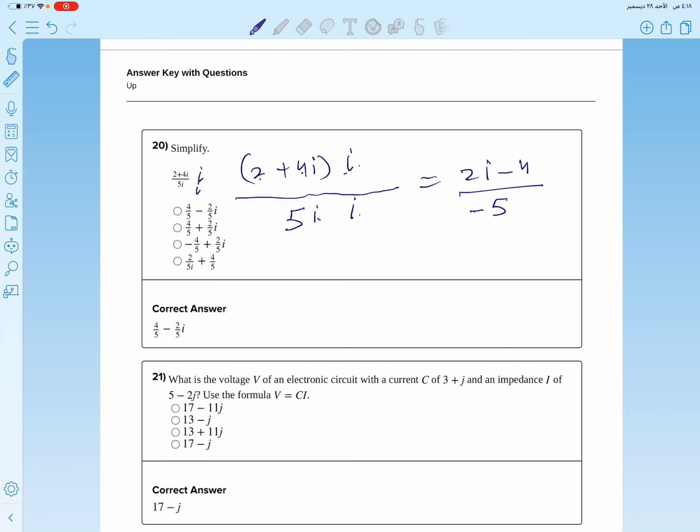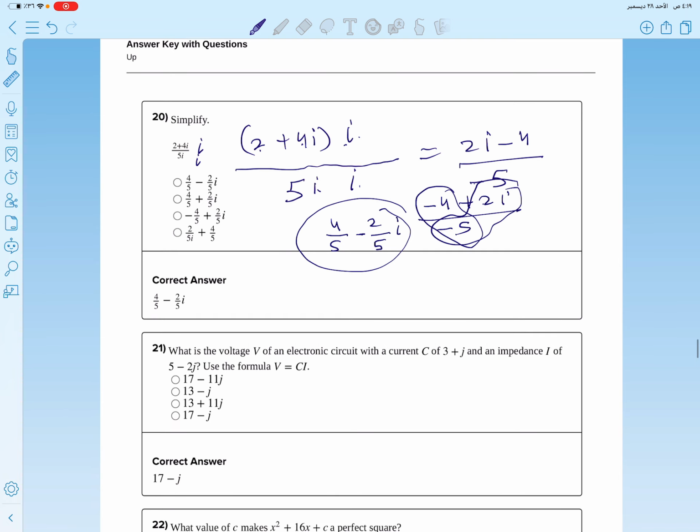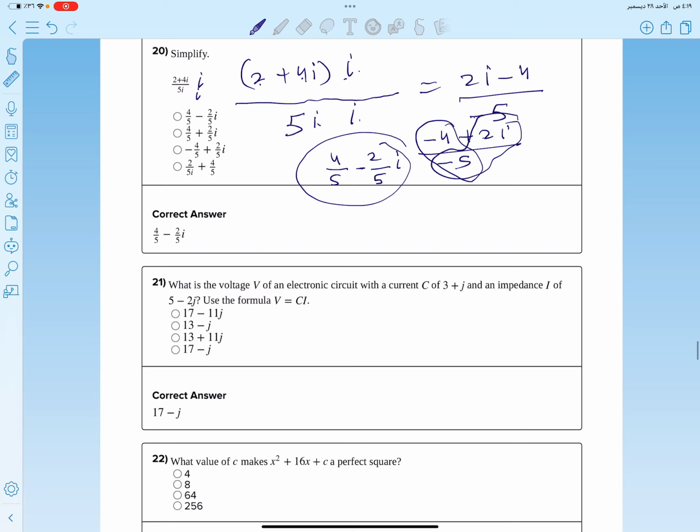Now, look, I can write it as negative 4 plus 2i over negative 5. Dividing negative 4 by negative 5 is going to be 4 over 5, and negative 2 over 5 i. This will be the answer, because I divided this part and this part to find the standard form of the imaginary number.